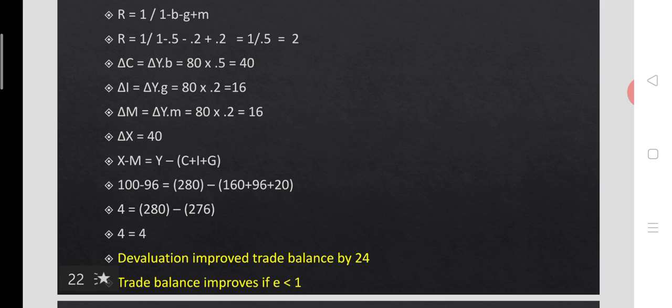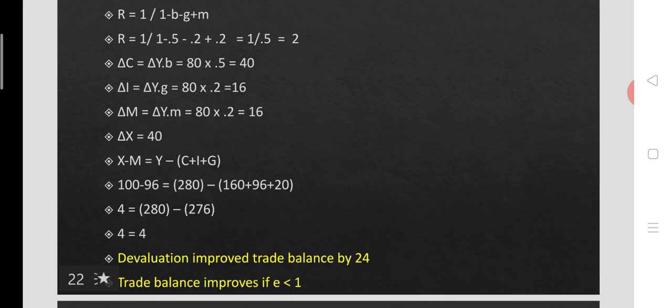If the total absorption is greater than 1, devaluation will deteriorate the trade balance. If the total absorption or domestic expenditure is equal to 1, that means devaluation will not make any impact on the trade balance. The total absorption, or domestic expenditure, or C plus I plus G, means the marginal propensity to consume plus the marginal propensity to invest.